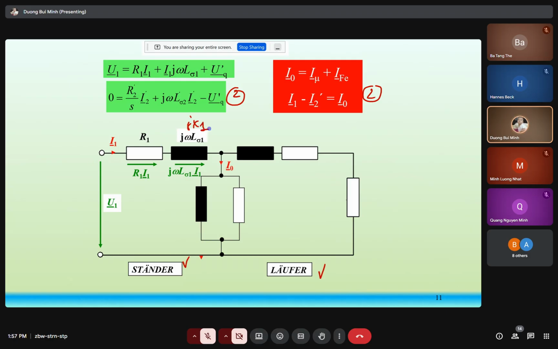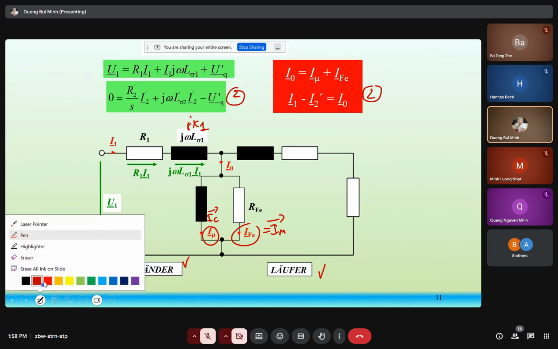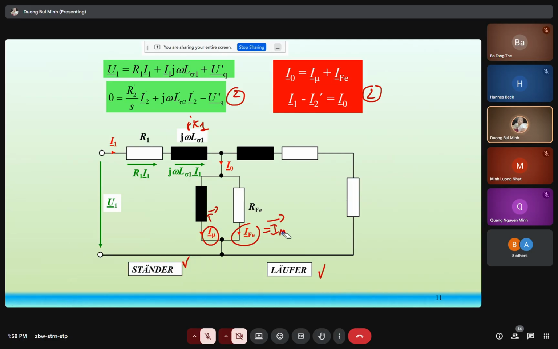We have I0, I mu. Sometimes we say I mu or we just say IC. Here you can get I mu, IM, and this one is IC.